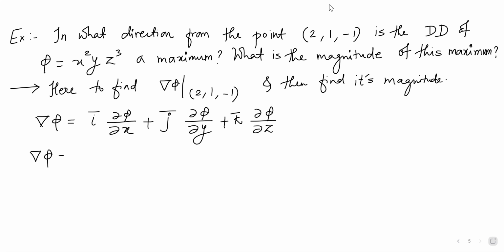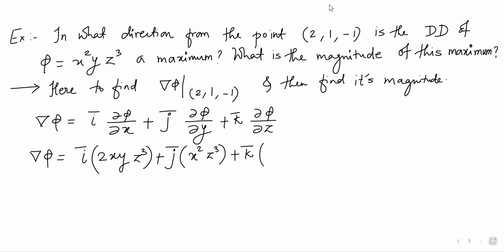So del phi is i bar times 2xyz cubed plus j bar times x squared z cubed plus k bar times 3x squared y z squared. Substitute del phi at the point (2, 1, -1): put x as 2, y as 1 and z as minus 1.